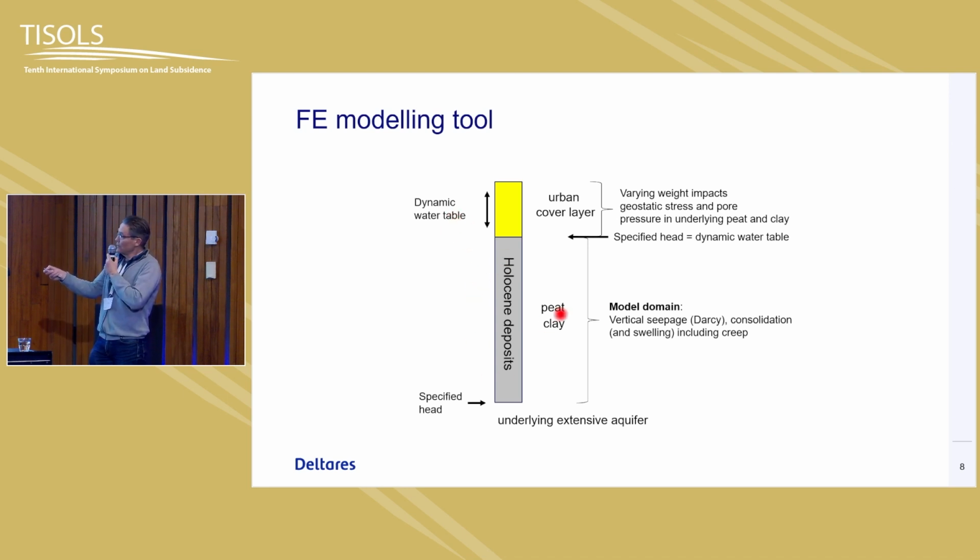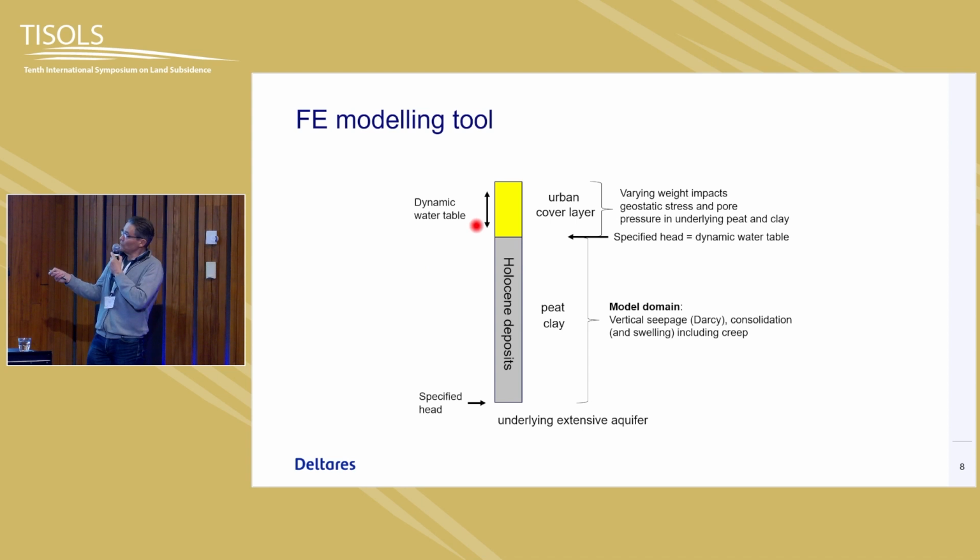But we want to calculate what's going on in here in terms of processes with clay and peat. So of course we need the Darcy-type groundwater flow exchange in there, and we need consolidation coupled to the deformation and swelling and creeping. It will go up and down, right, in various ways.